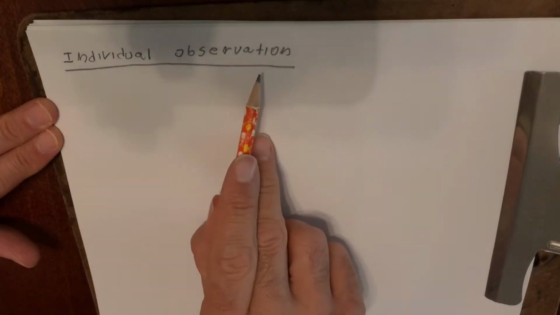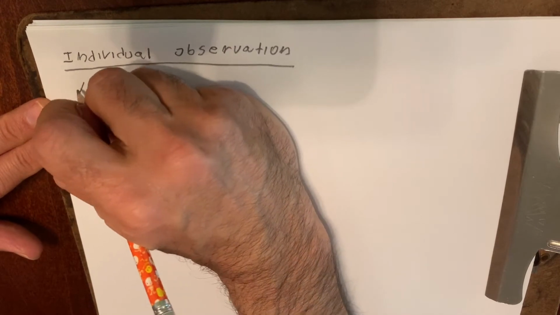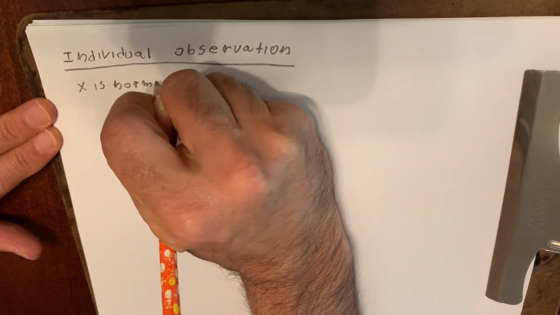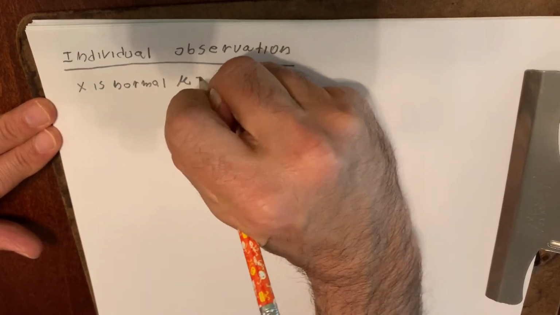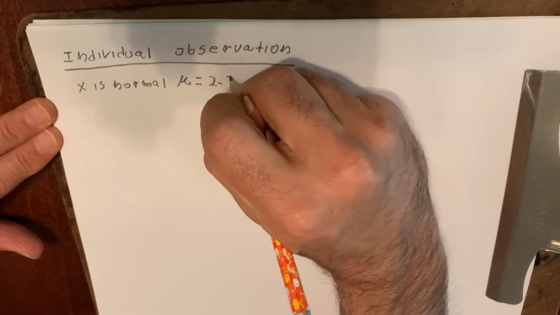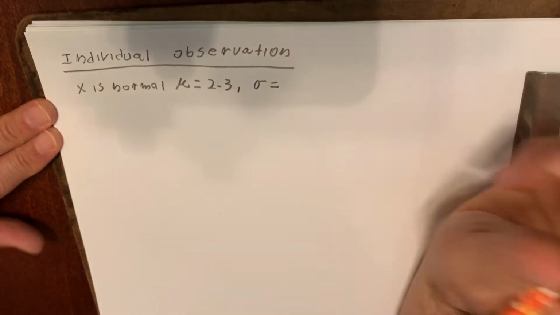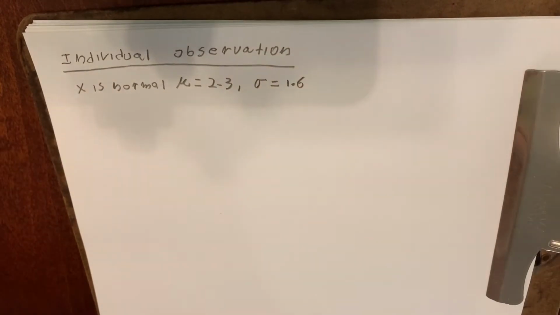So the first type of z-score that we are going to be dealing with is the individual observation z-score. So let's say X is normal, and let's say the mean is equal to 2.3, and the standard deviation is equal to 1.6.